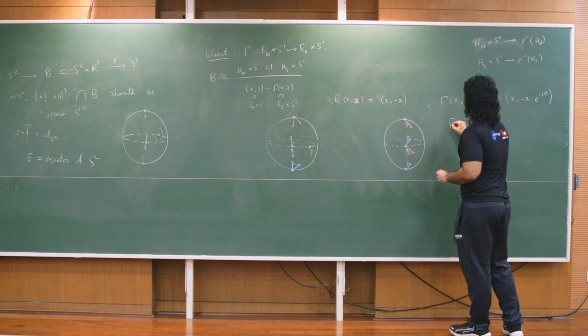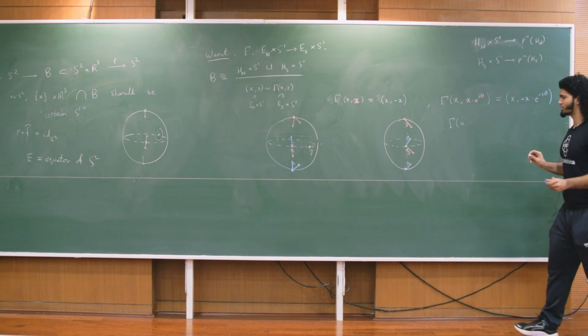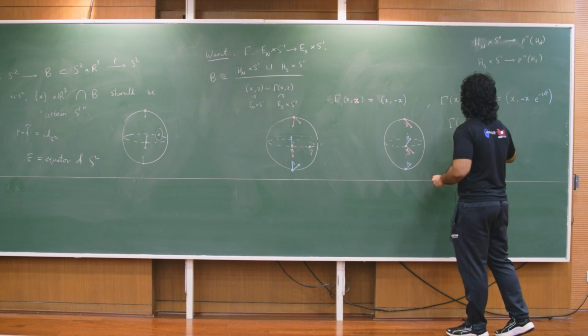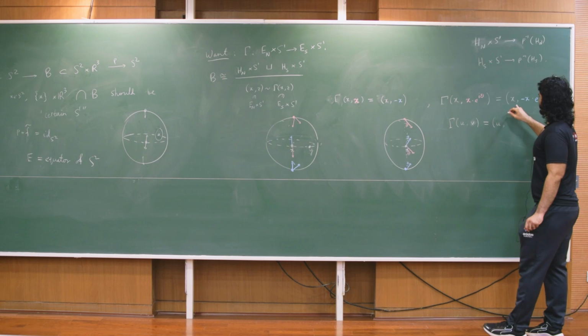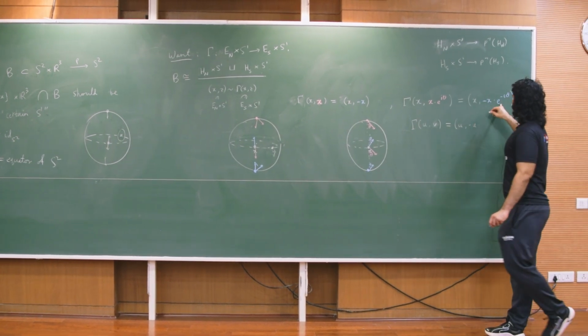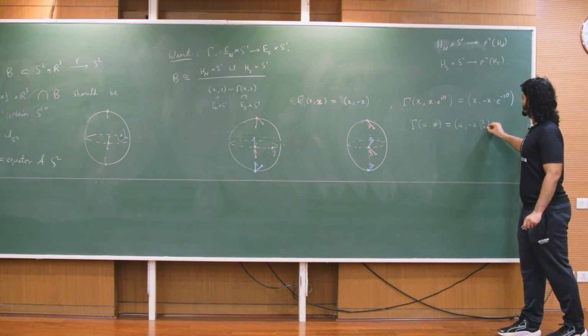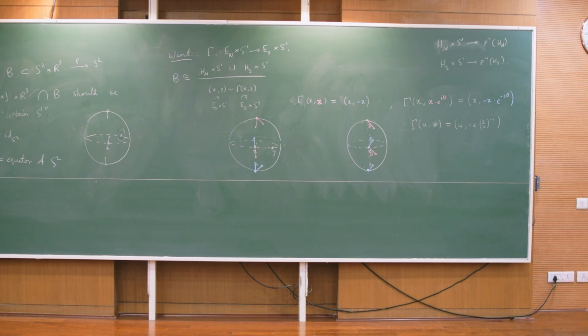So you can now start thinking of both coordinates as complex numbers, and for ease of notation call them u, v. So what you're saying is gamma of (u, v), now x is u, so this is minus u times v by u inverse. Make sense?